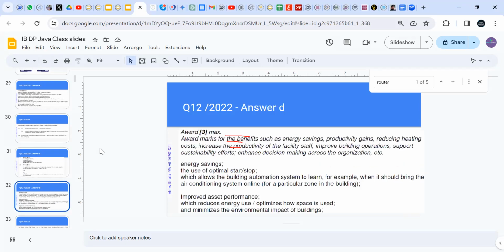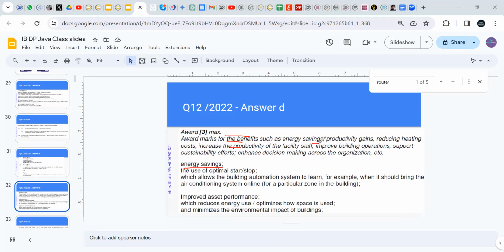Your answer is correct. So as you see here, energy saving, and typically, let me see where they mention the cost saving. So I can see it here perfectly, but energy saving and cost saving, better you always include it inside your answers.